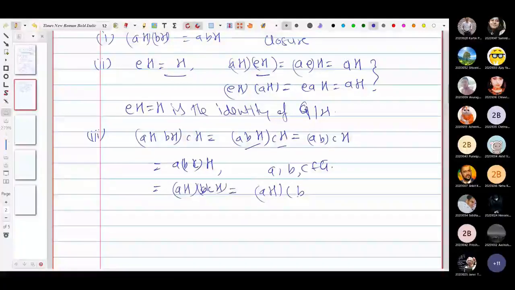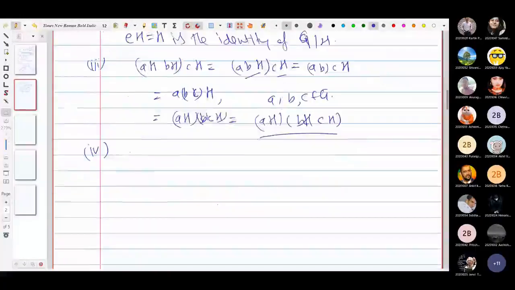Now the last thing we need to prove is that there is an inverse. Do you have any guess what the inverse is?